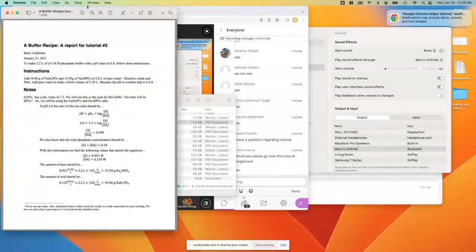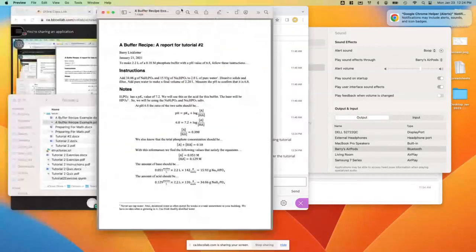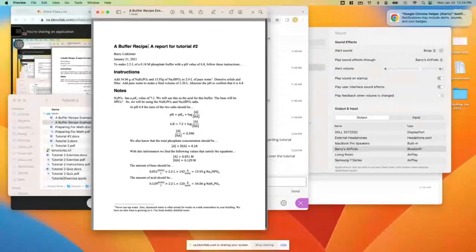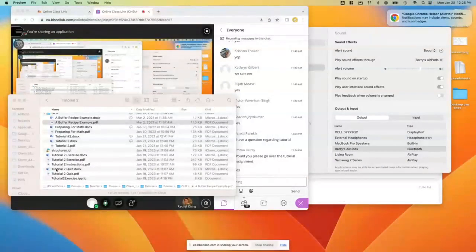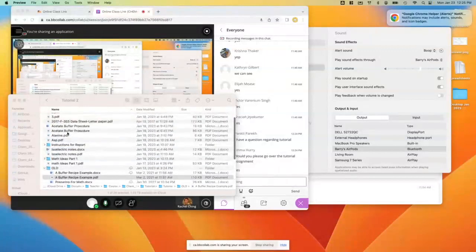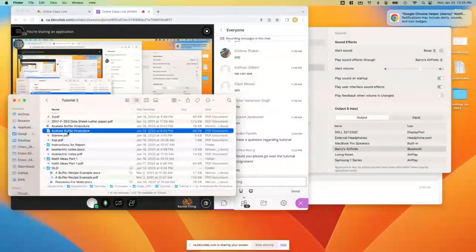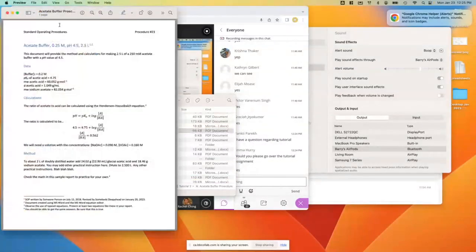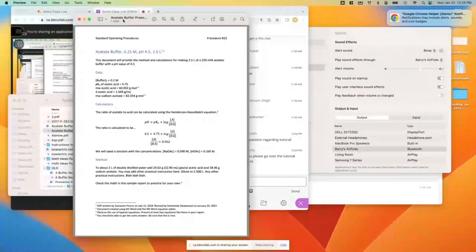Oh, that's not the one that I had on the website. There we go, the acetate buffer procedure. That'd be the one that's on the website, I think. So here's what you would have seen on the website.